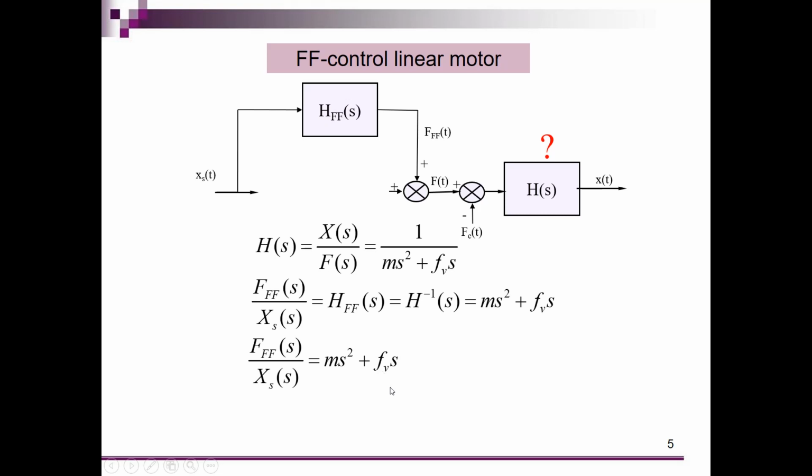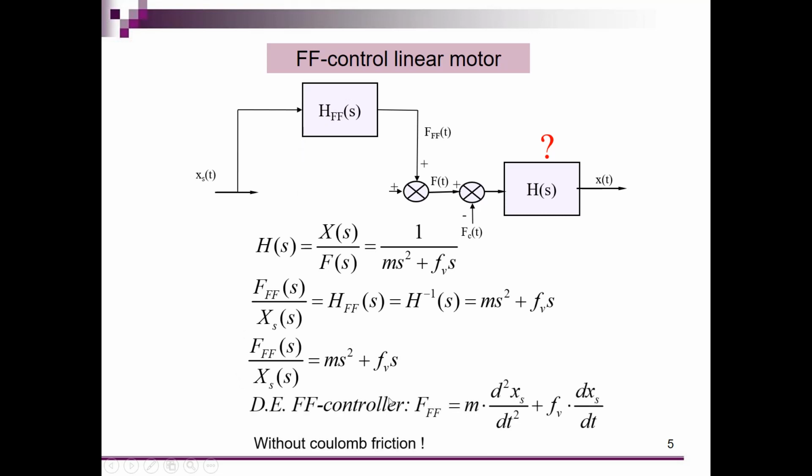So we can now realize a differential equation out of this transfer function in order to implement that feed forward. So how do we do that? Well, we replace again s by d/dt, so we now can say that the output of my feed forward controller is equal to m times the double derivative of my set point position, so it's m times my acceleration set point, plus Fv times the derivative of my position set point, which is equal to Fv times my set point in speed.